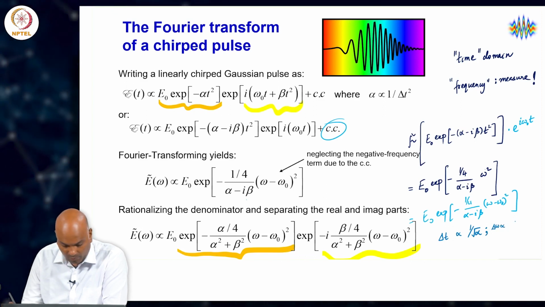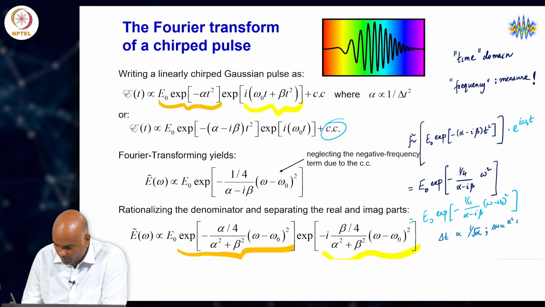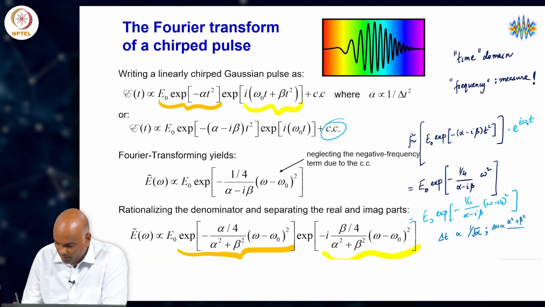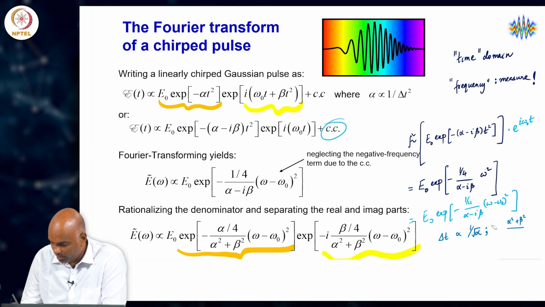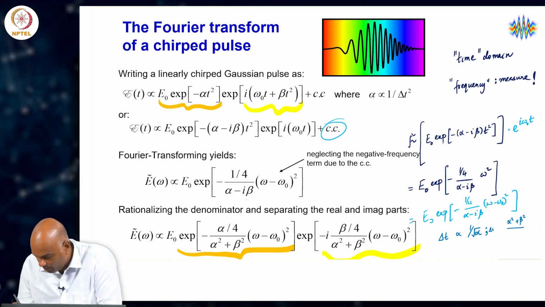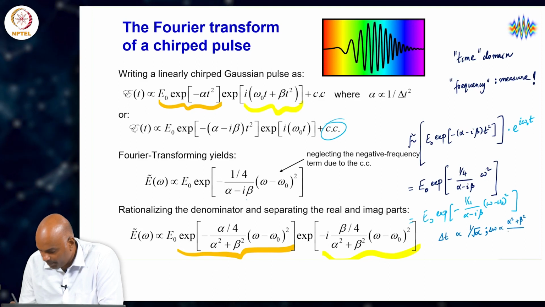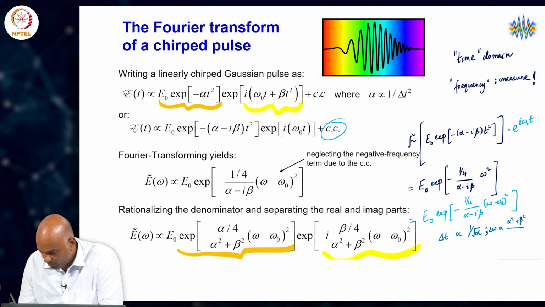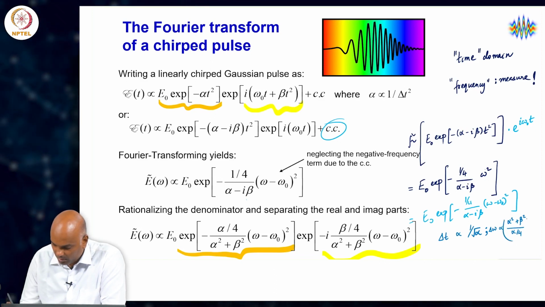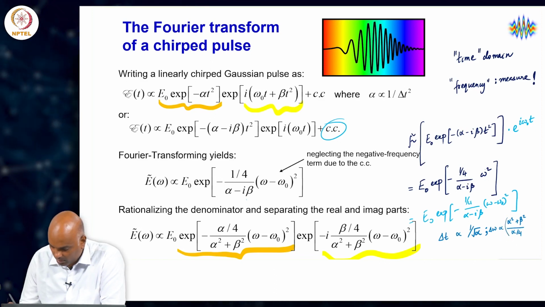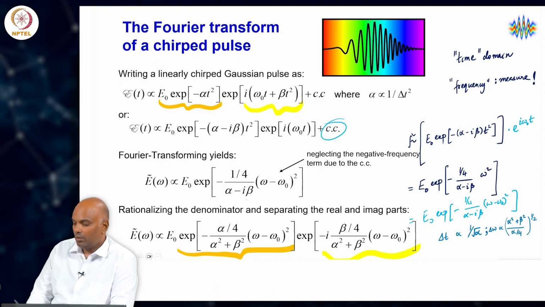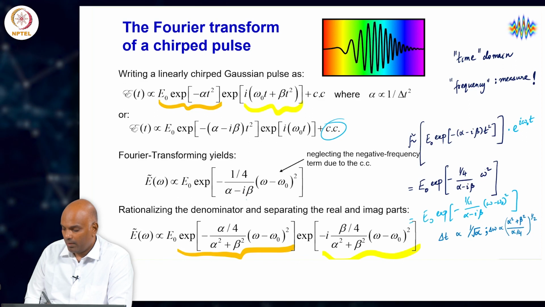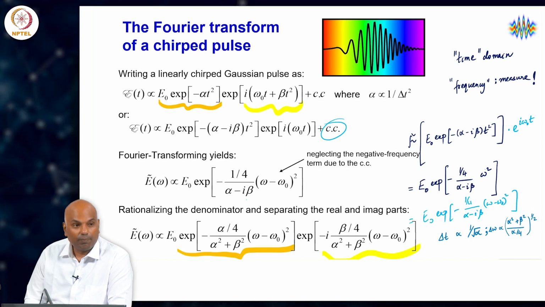Delta omega would be proportional to alpha square plus beta square divided by alpha by 4, right?